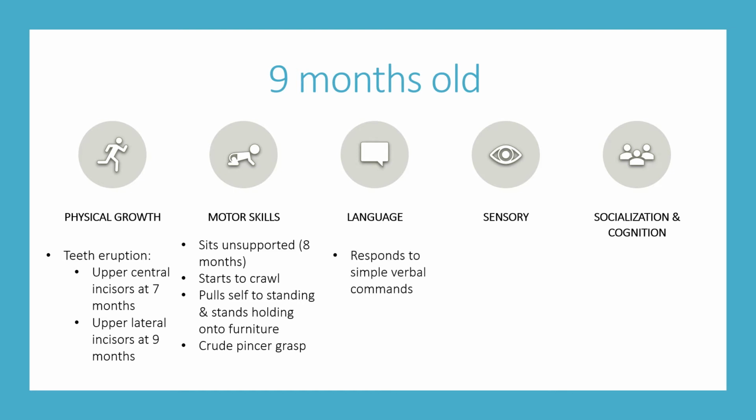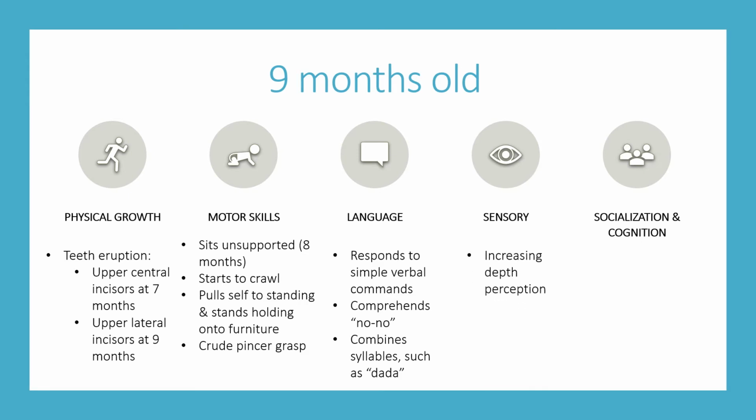As far as language goes, they can respond to simple verbal commands, and they comprehend no. And they're combining syllables such as dada, mama. At 6 months old, we talked about how they can say one-syllable words, and now they are combining those syllables into words like mama and dada.